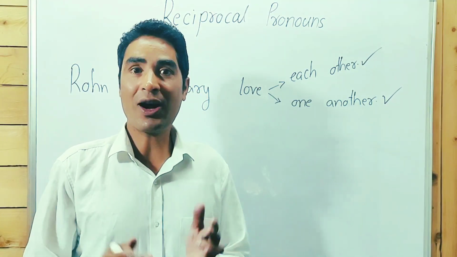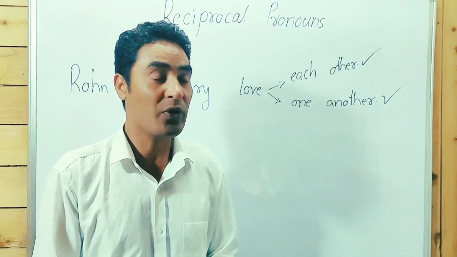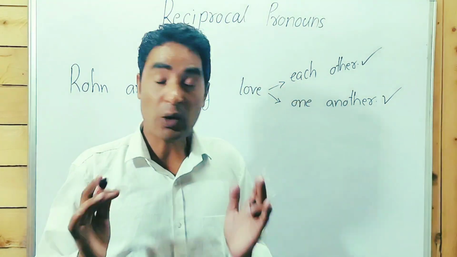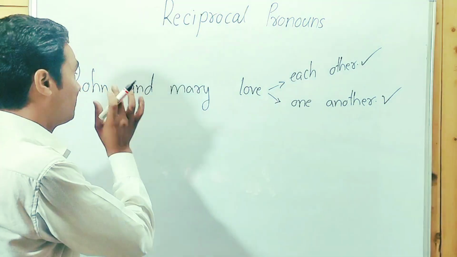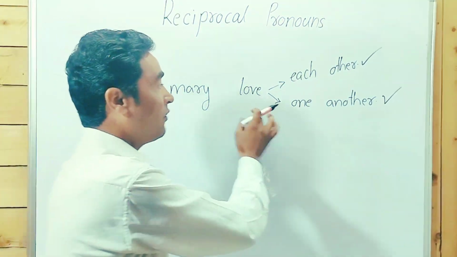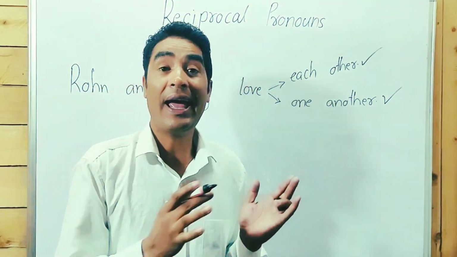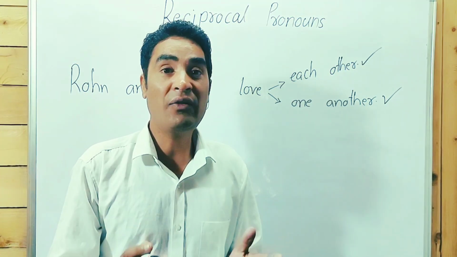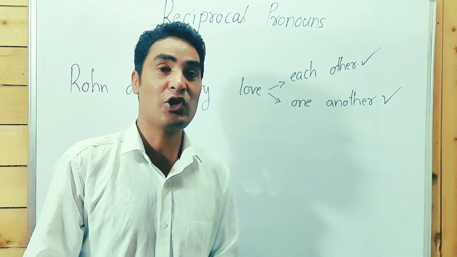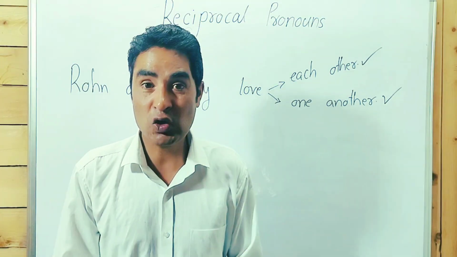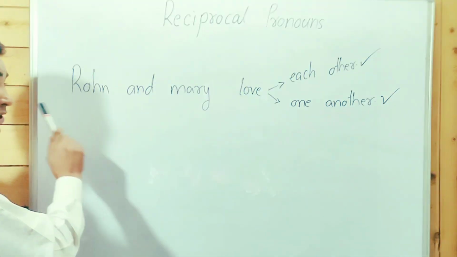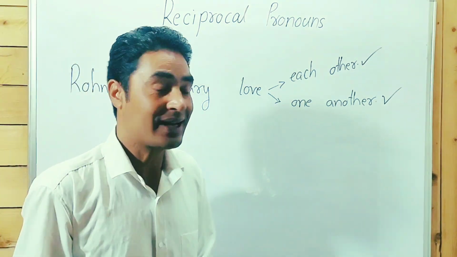But from a competitive examination point of view, Rohan and Mary love each other will be the correct answer, and Rohan and Mary love one another will be an incorrect sentence. Informal English is used in magazines, newspapers, etc. You will see this type of sentence in newspapers and magazines.